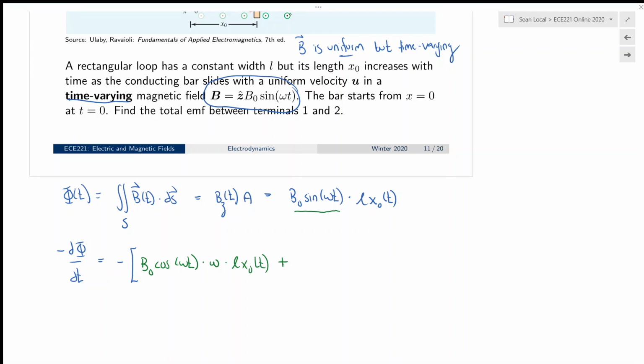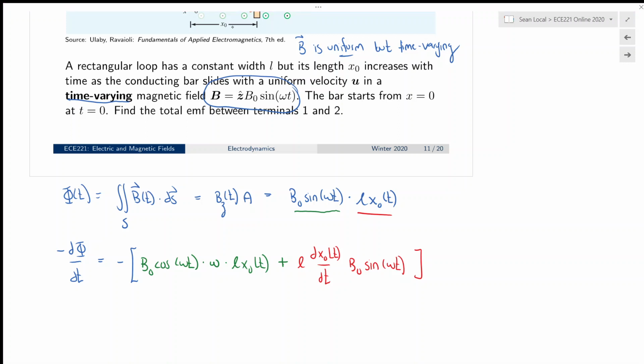The second part is that we take the derivative of the second function and multiply by the first. L is a constant, so we take the derivative of x naught, which is a function of time, and then multiply by the first function, which is B naught sine omega t. And that ends our product rule.